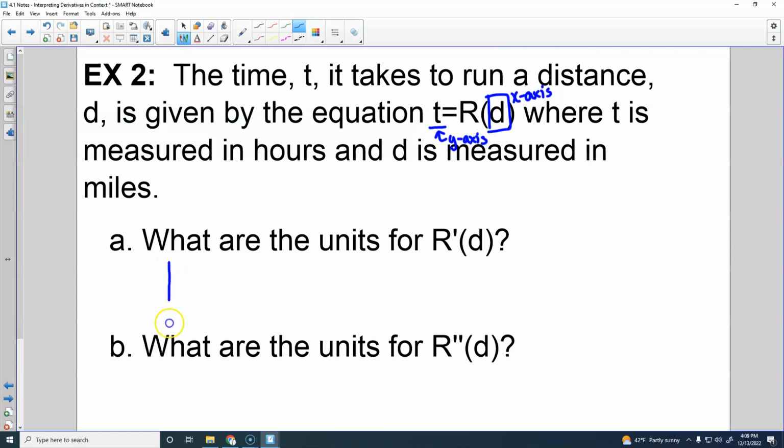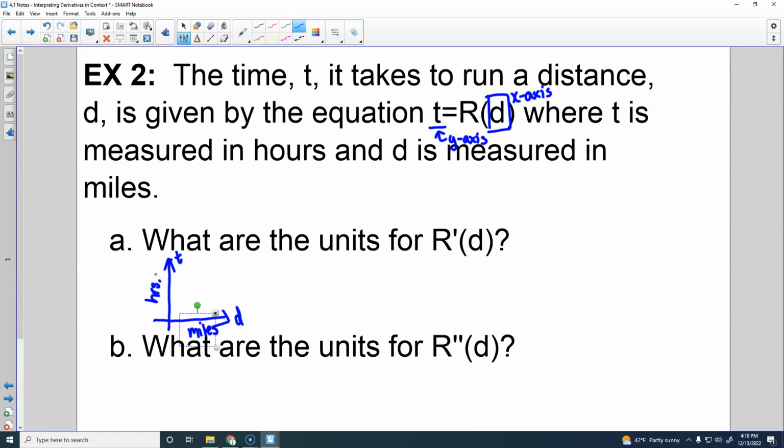So if we again think of making that little graph, we've got t here and d here. So our distance, which we're told is measured in miles, goes on the x-axis. Our time, which is measured in hours, goes on the y-axis.